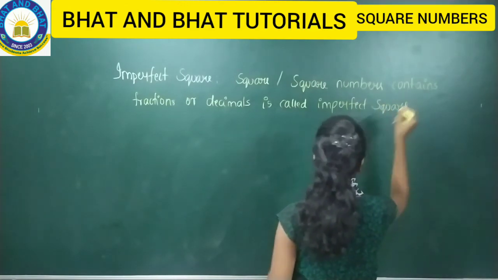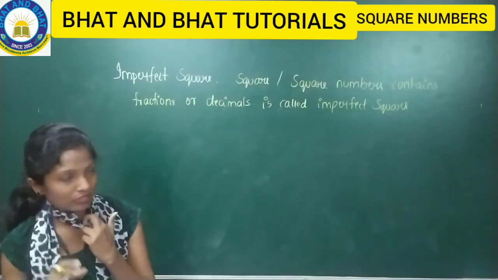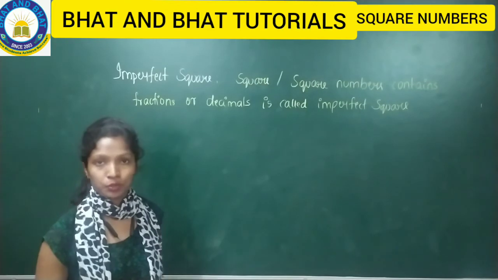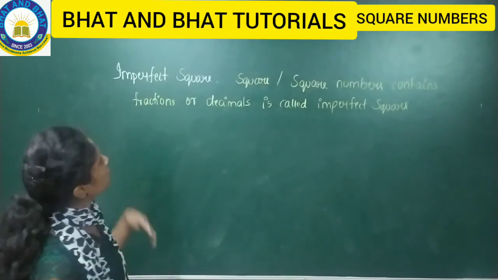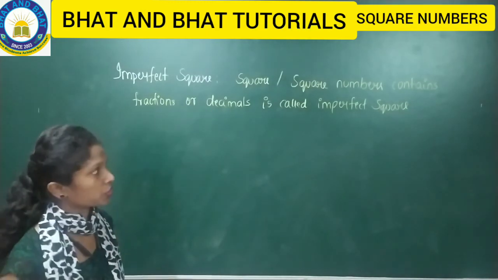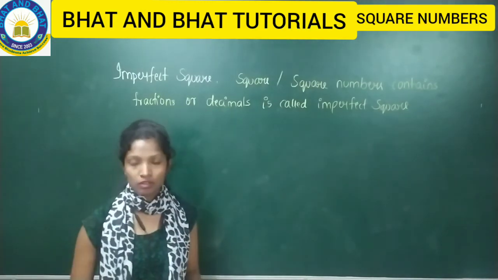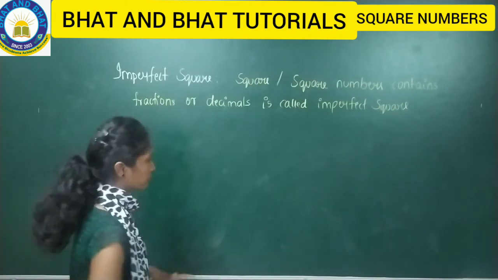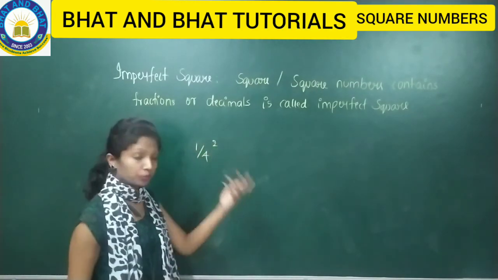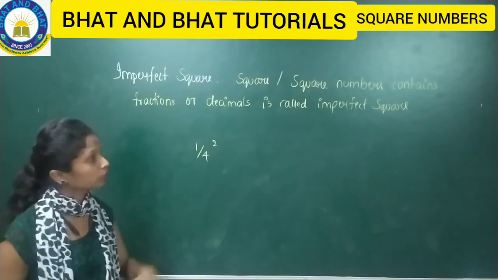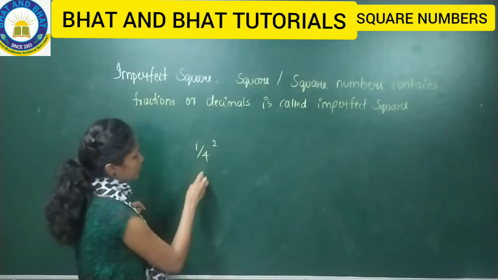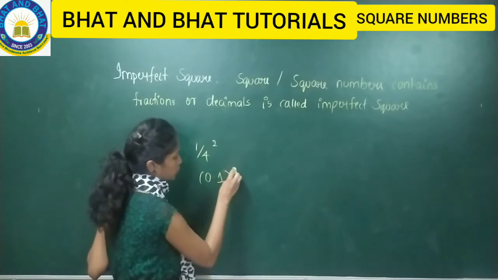Most of the time you won't concentrate on the imperfect square, only concentrate on the perfect square. Just for your understanding, I am taking up imperfect square. The meaning: square of numbers contains fractions. So when you are doing the square of numbers, say for example 1 by 4 square, the answer that you are going to get will be in a fraction only. Or say for example 0.1 whole square.